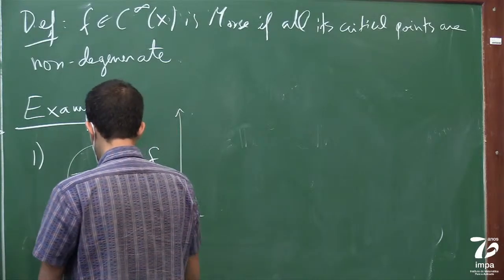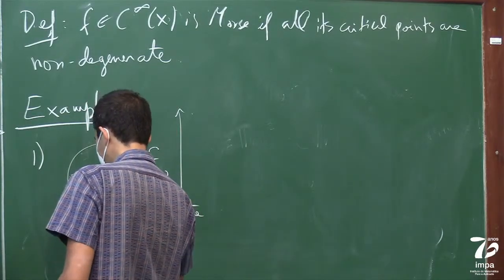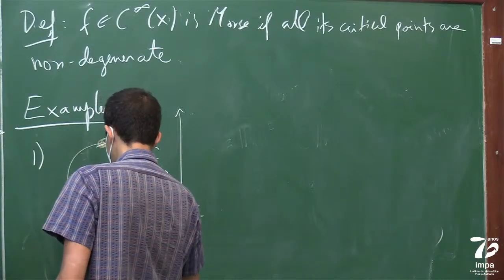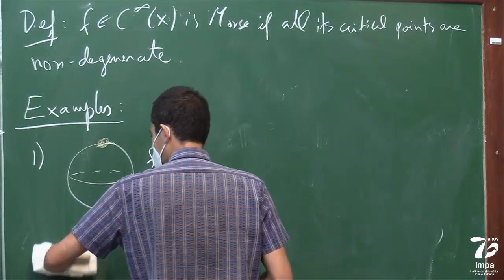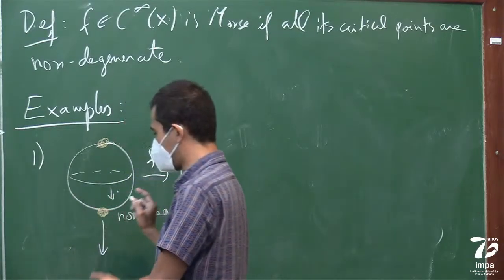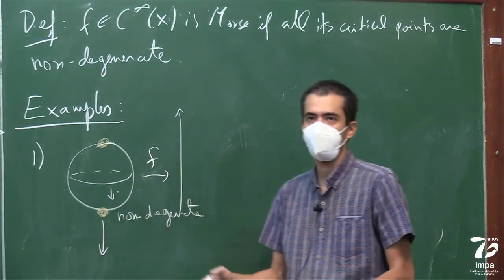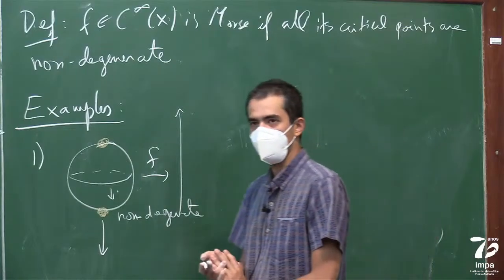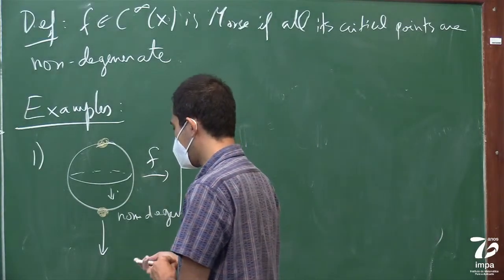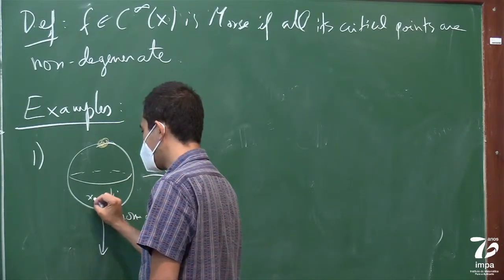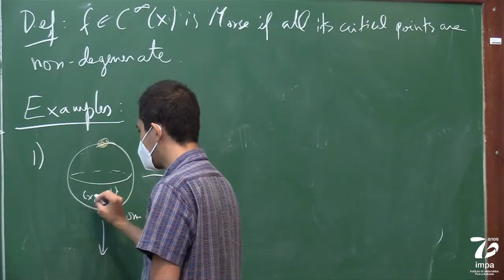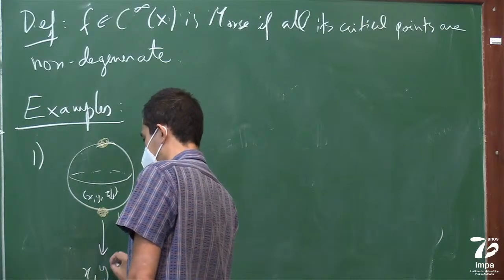If you think about the chart that just takes x and y, let me prove that this point here is non-degenerate, just to do another calculation. You can think of this chart as taking a point x, y, z on the sphere to x and y.